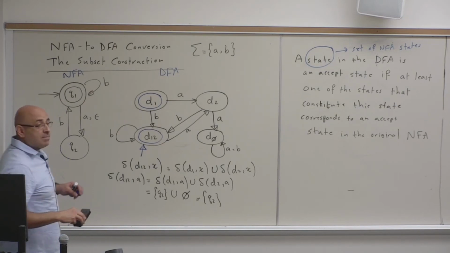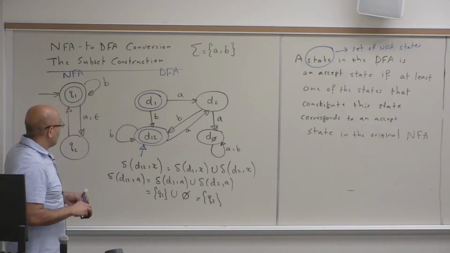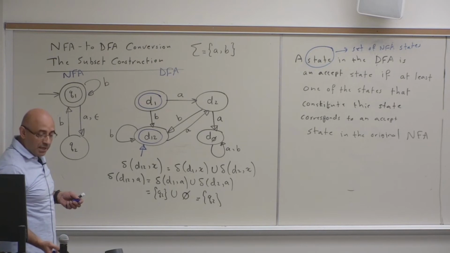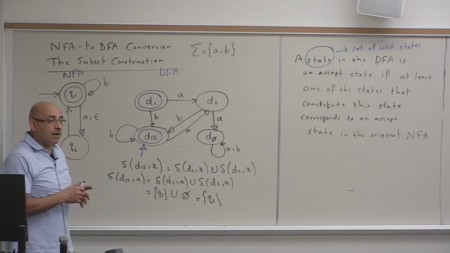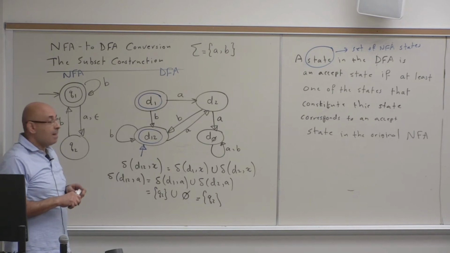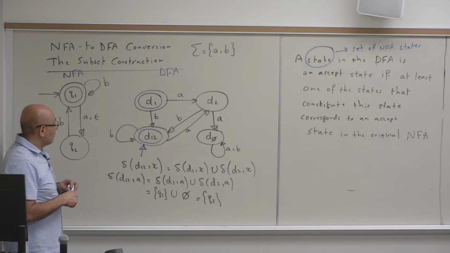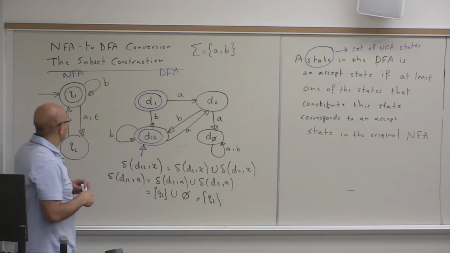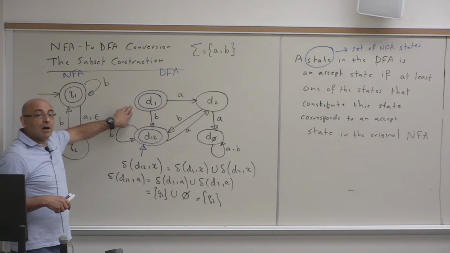Okay. So now what's missing? So this is the DFA, but we can simplify it. This can be further simplified. Why? Well, none of the paths go to D1, so could you just take it out? Yeah, exactly. So D1 is an unreachable state.